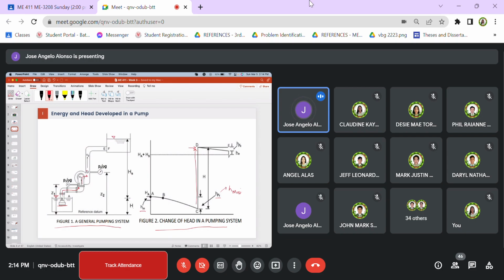Then from point D, going to the discharge reservoir, we pass through a pipe again. So there are corresponding losses again, which is HF sub 2, which can be calculated using the Darcy-Weisbach equation.